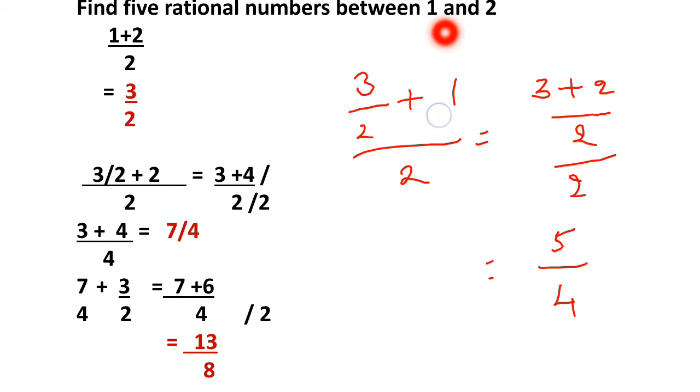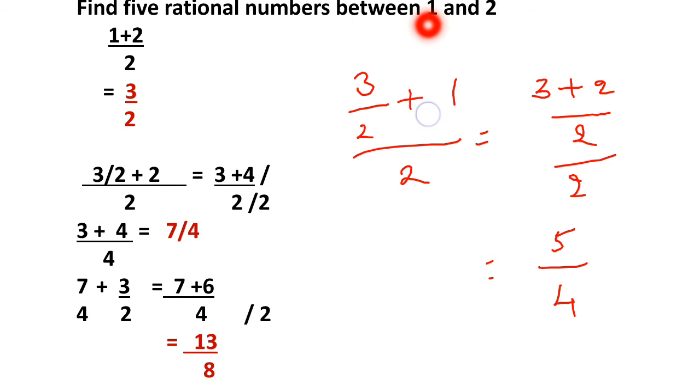Whatever the numbers they have given, we have to add the 2, that is 1 plus 2, and divide it by 2. By doing this, we can find out the rational number which is in between 1 and 2. So, if I am adding 1 plus 2 and dividing it by 2, I will get 3 by 2. So, this is a rational number which comes between 1 and 2.